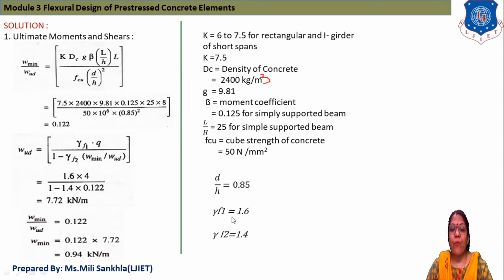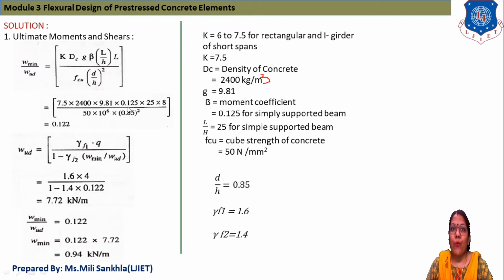Then gamma F1 is equal to 1.6, this is the factor multiply. Then gamma F2 is equal to 1.4. This is already discussed in theory portion. Now K 7.5, density of concrete 2400, gravitational acceleration 9.81 meter per second square.